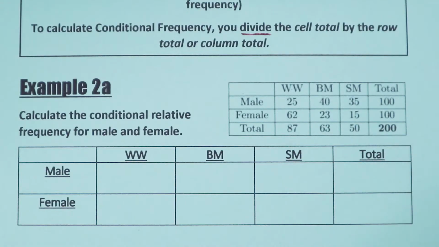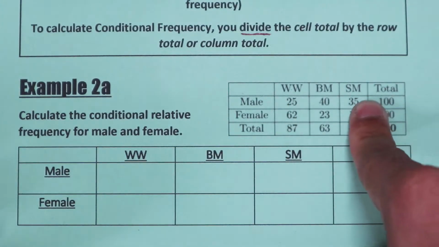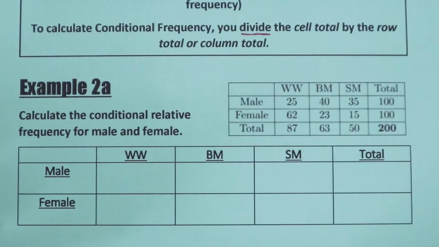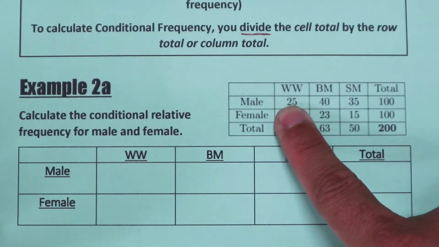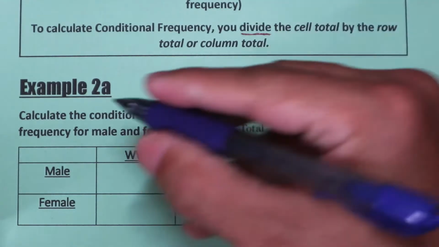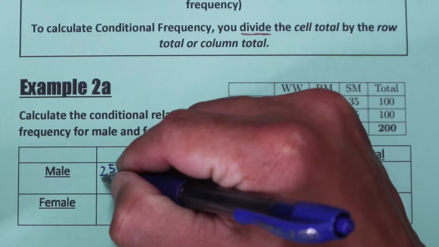Of course, the total will be 100% because that's 100% of the males and 100% of the females. To find their conditional relative frequency, we have to do some division. Let's go back to this table. Since there are 100 males and 25 of them like Wonder Woman, the percentage will be 25 divided by 100.